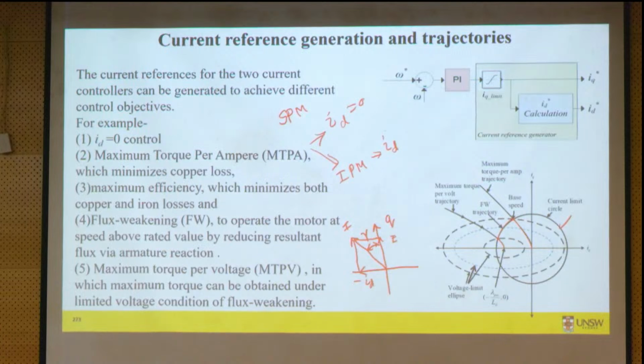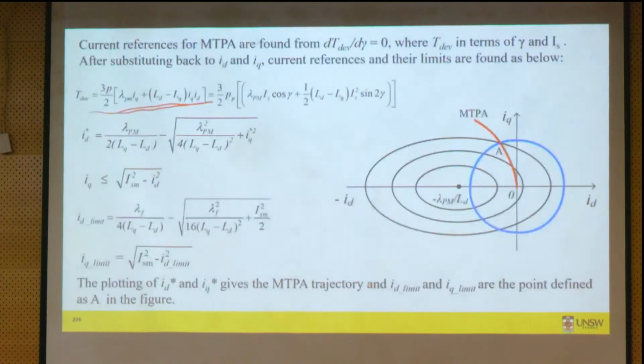But we need to know what is the optimum gamma that can give us maximum torque with minimum current. That's what MTPA is, right? So to find this, you will use the torque equation, differentiate it with respect to the gamma angle and equate it to 0. Okay, maximize or minimize conditions.